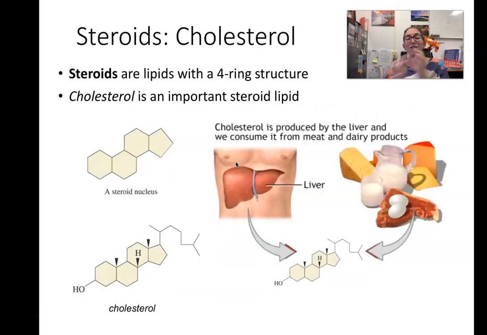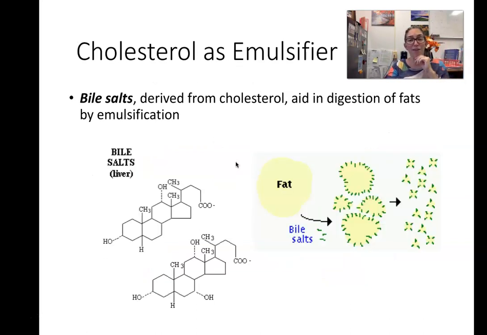We produce all of the sex hormones, so testosterone, estrogen, they have stero in them as part of their name because they're steroid derived. Another important molecule that comes from cholesterol is bile. And bile salts, which are a modified form of cholesterol, are important in digestion because when we eat fatty foods, the fat in our stomach and intestines would just kind of glob all together.